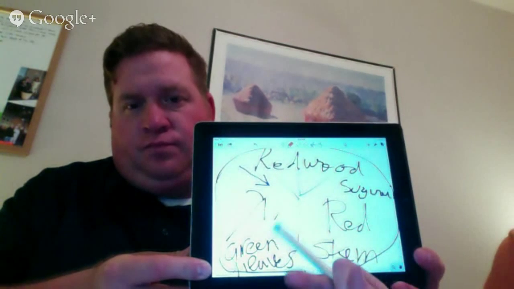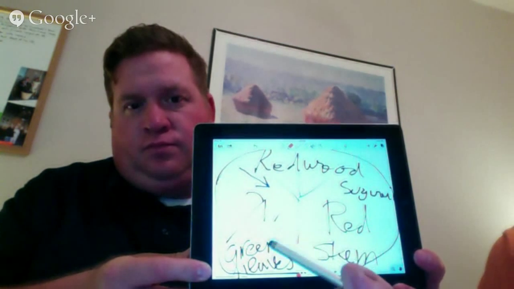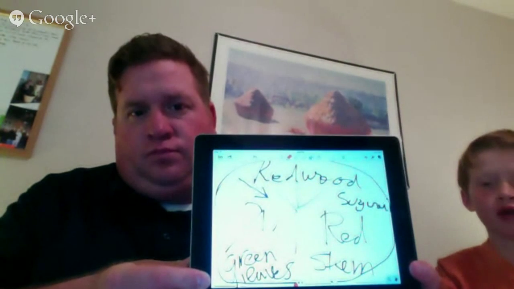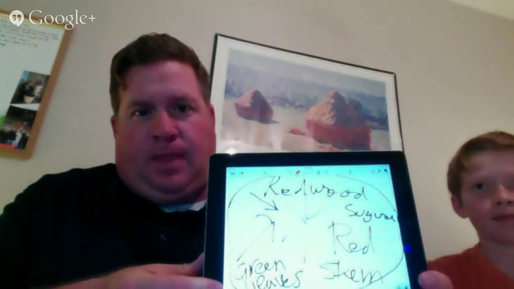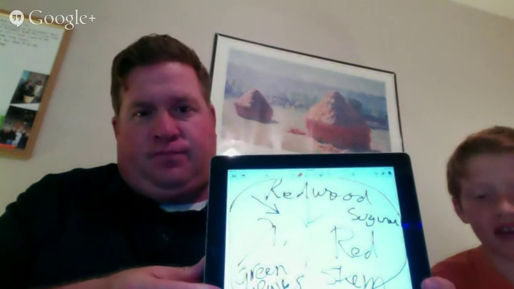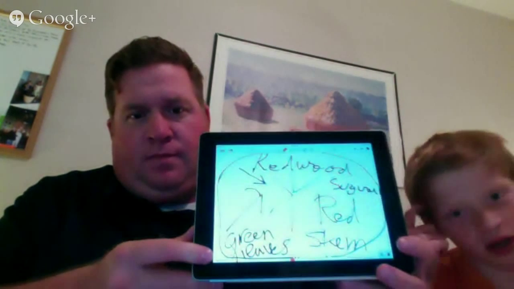Then they both have green leaves, and I noticed that the seedling has kind of a coarse or rough looking look on its stem, like bumpy. Okay, so when I saw it, and then redwood trees are like really barky and bumpy. Okay, so you've done a really good job identifying what the tree looks like.